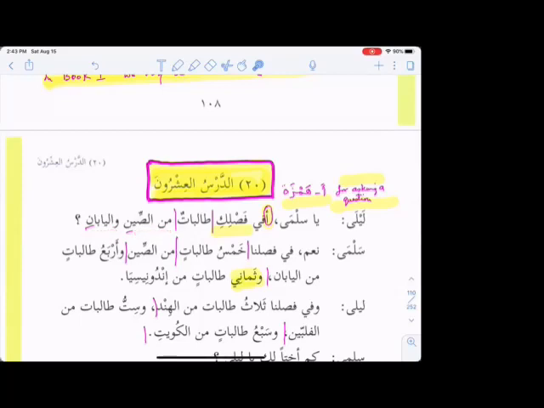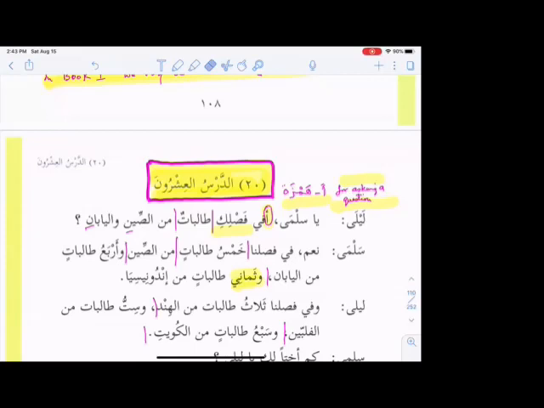Salma says, Naam, fi faslina khamsu talibati. Khamsu. If we change talibatun into tullabun, masculine, then this will become khamsatu. We have done it. I just want to remind you, my brothers and sisters.